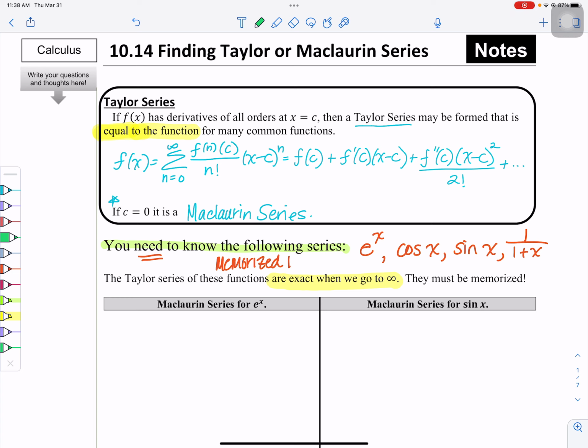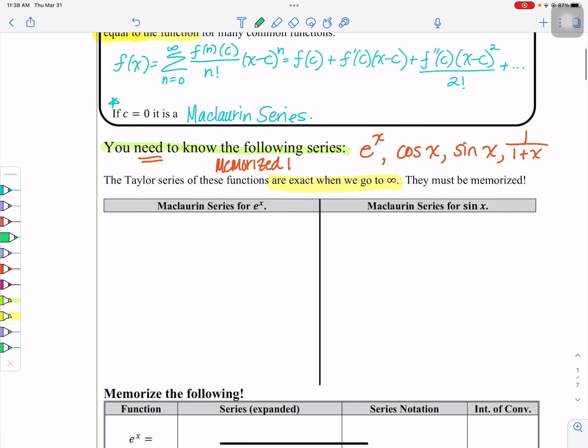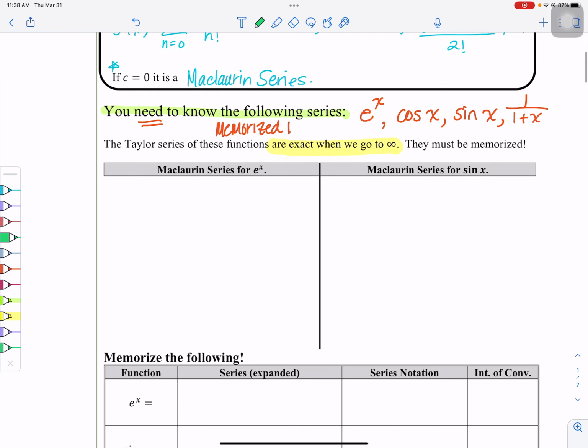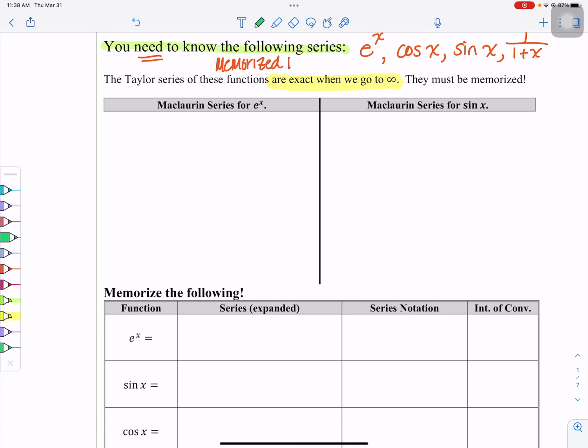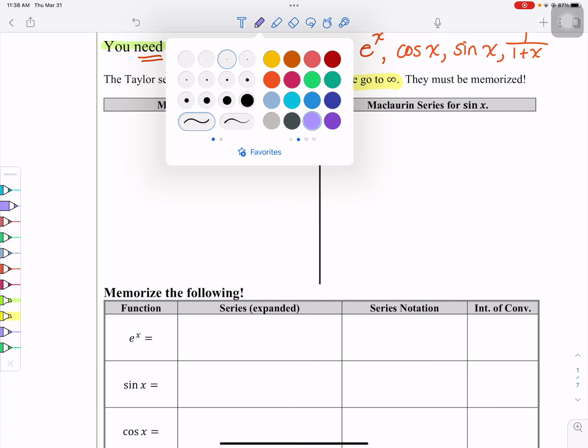So let's see if we can talk about these series and generate the Maclaurin series for e to the x and the sine of x, and talk about some ways we could get help memorizing these.